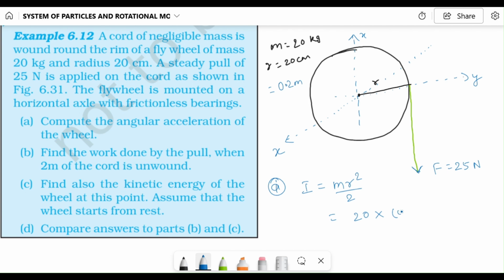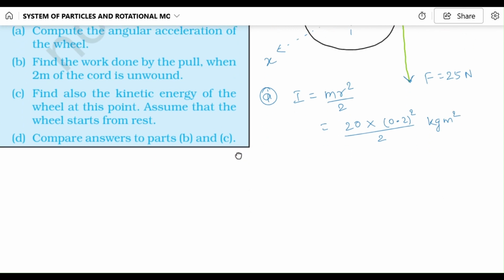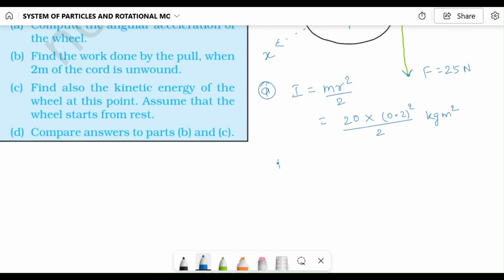So this is 0.2 square divided by 2, and this will be in kg meter square. Now we can write I is 10 times 0.04, that is 0.4 kg meter square. So we have the moment of inertia of this disk.